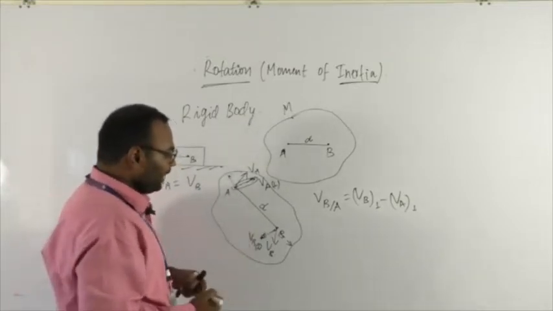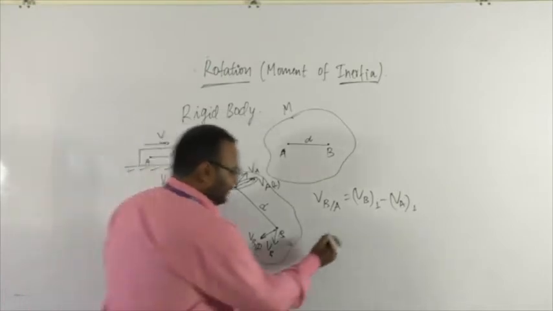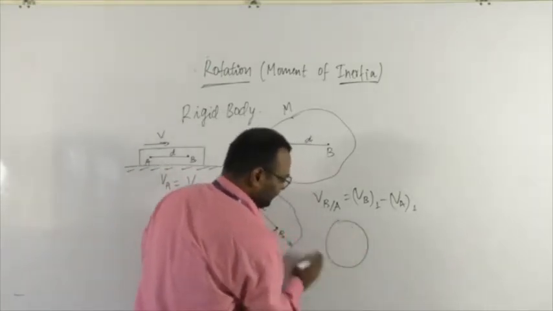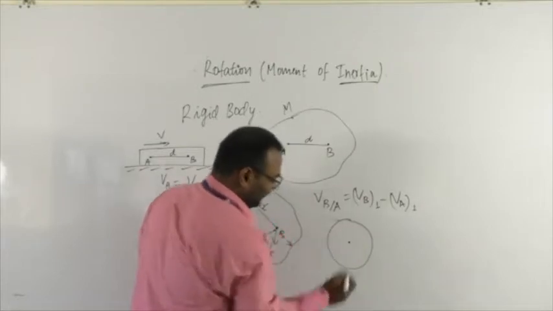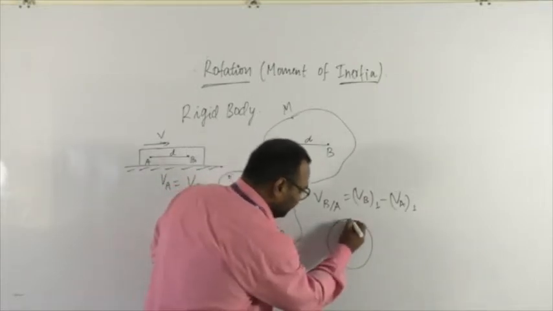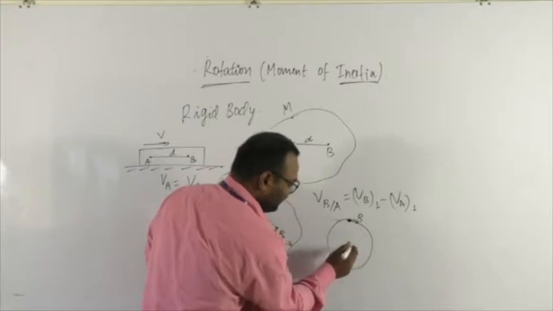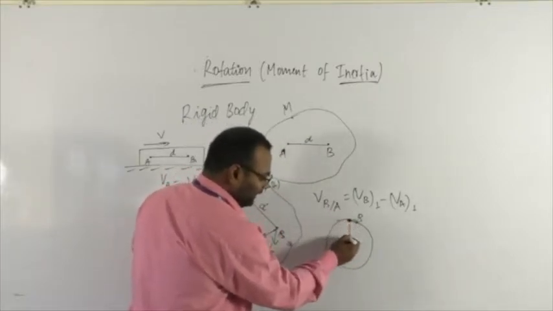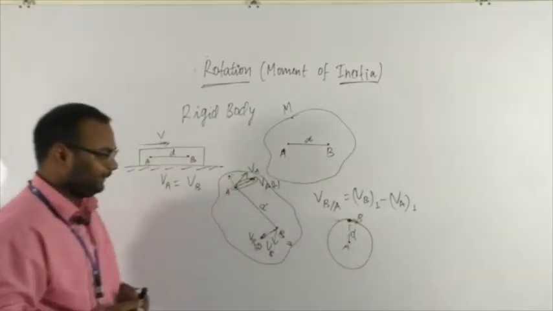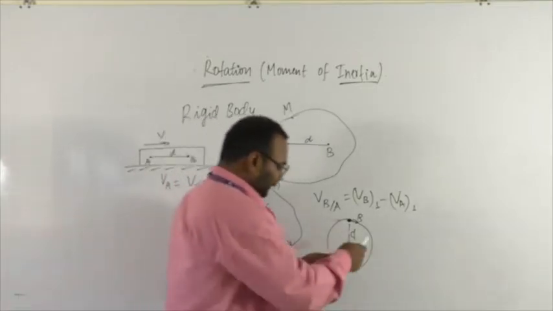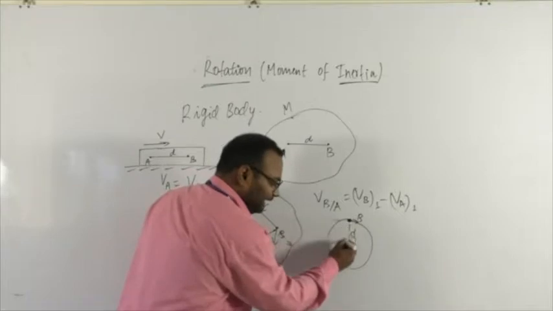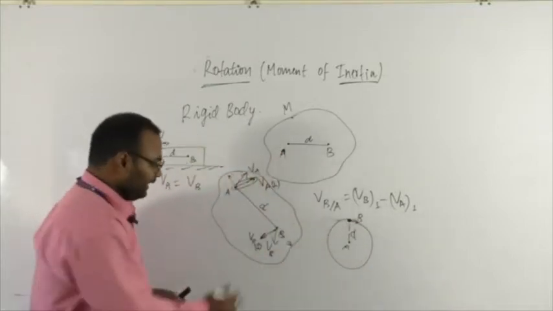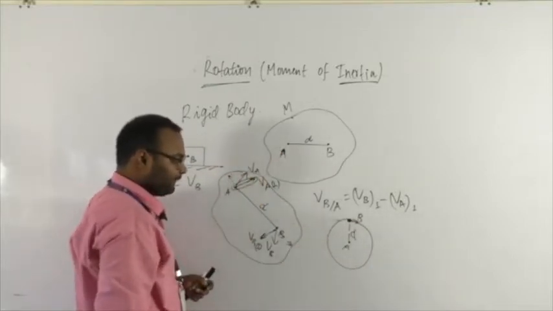So this can be considered as a circular path where one is standing at the center and another particle is moving. A is at the center and B is moving, and d is the distance between them. That means with respect to A, B is going in a circular motion, but this d remains the same.